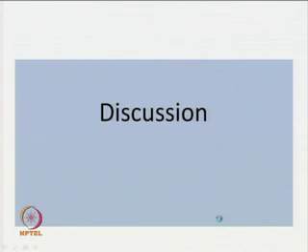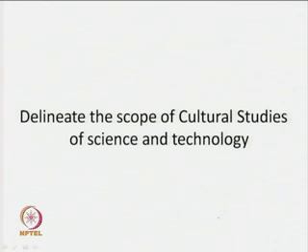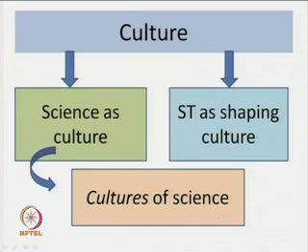So, let us look at a few questions here. For instance, if you get a question like delineate the scope of cultural studies of science and technology, you would answer in the following way. You would say that the cultural studies investigation of science and technology may be studied under three broad domains, and these are science as culture, which leads us to talk about the cultures of science.